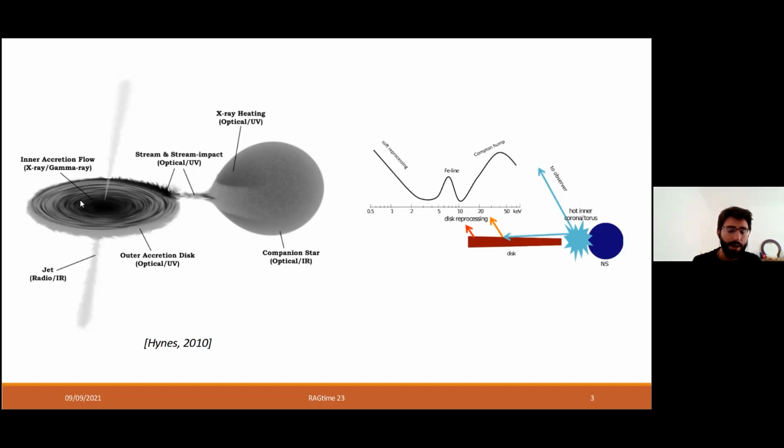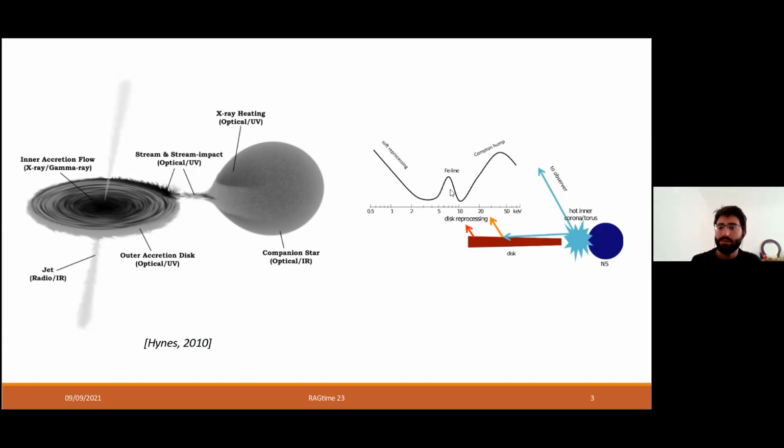And the emission that is coming from the disk, which is reprocessed by the very high energy emission, is basically divided in 3 components: a soft component reprocessing at very low energies, a Compton hump at the higher energies, and also this very broad, almost Gaussian profile at around 5 to 10 keV.